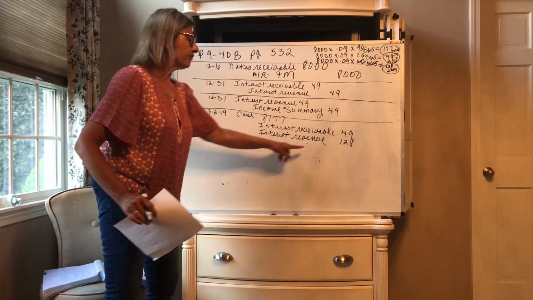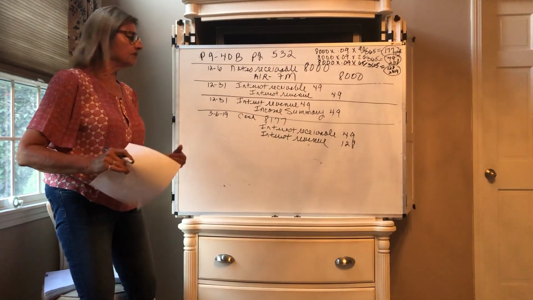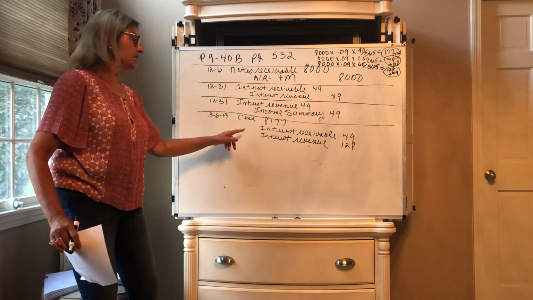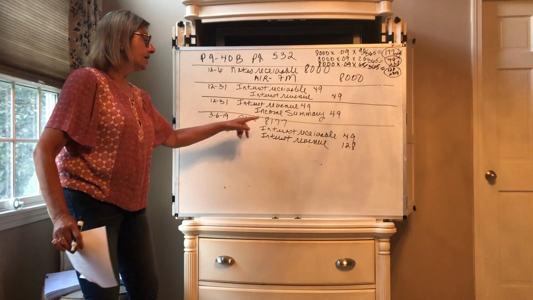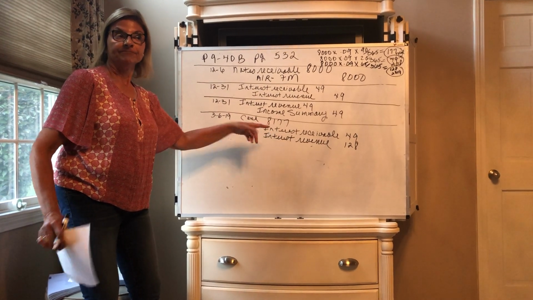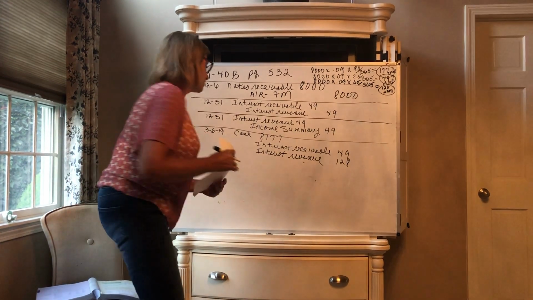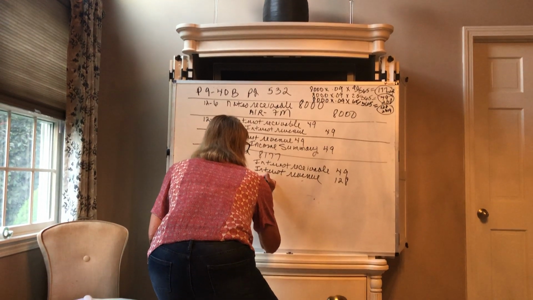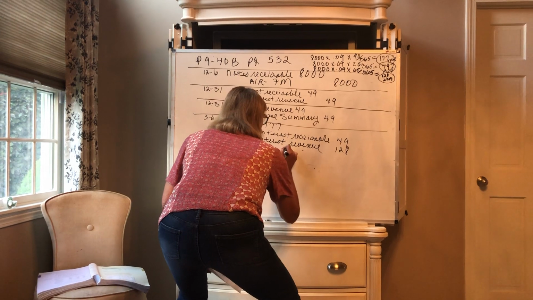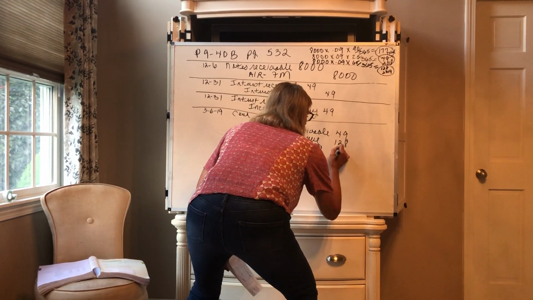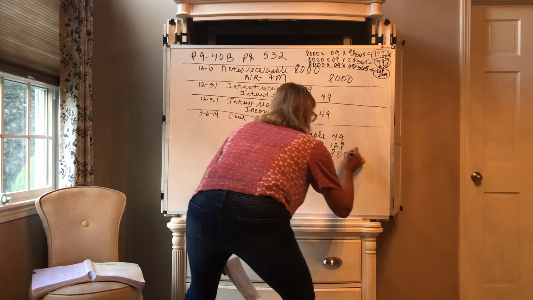Notice the 128 from 2019 for the 65 days, plus the 49 from the 25 days in 2018 equals 177. The total interest for the whole 90 days. And then of course we're going to credit the note because they paid it. So notes receivable gets credited for $8,000 and they are all set.